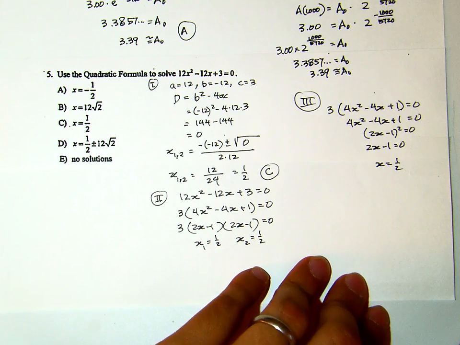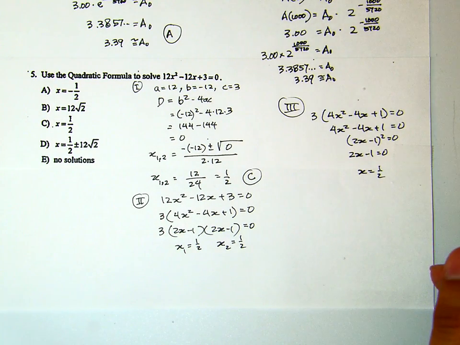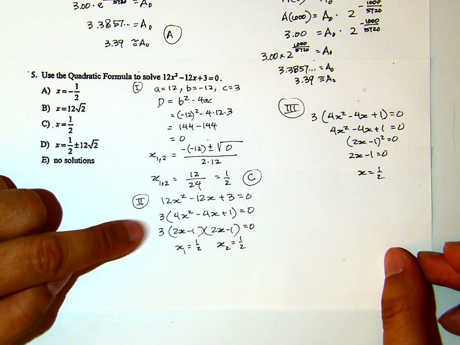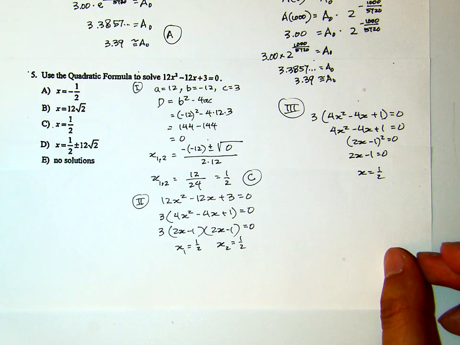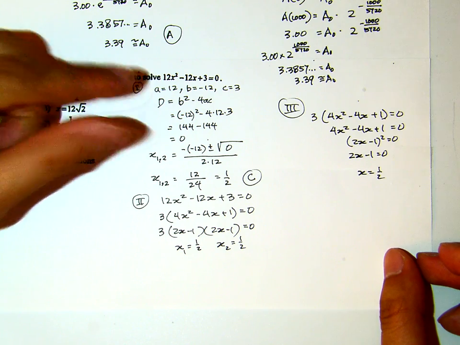Now we see that 2x minus 1 equals 0, therefore x equals 1 half. But this step here is not really a common way to solve a quadratic equation. The most common one, you can try to use factoring, otherwise we tend to use the formula.